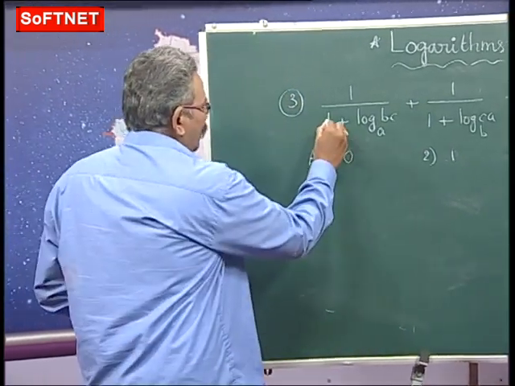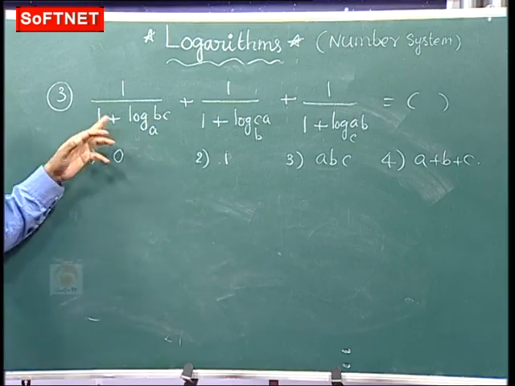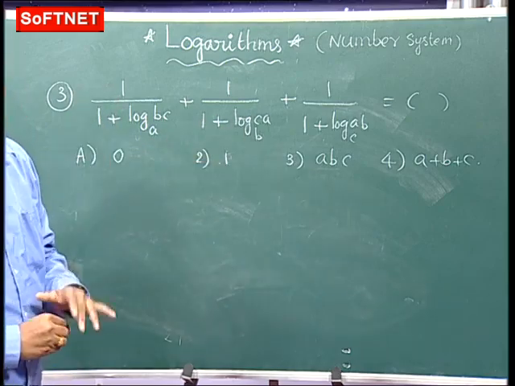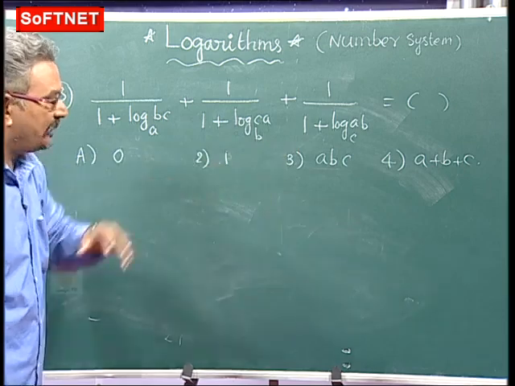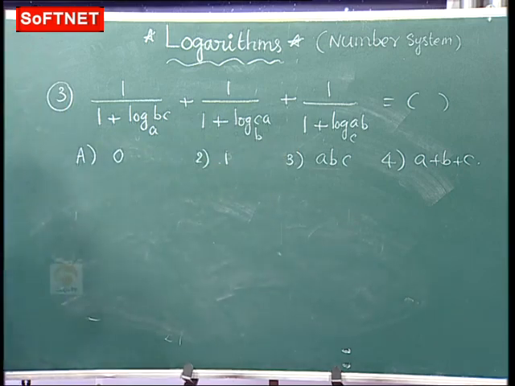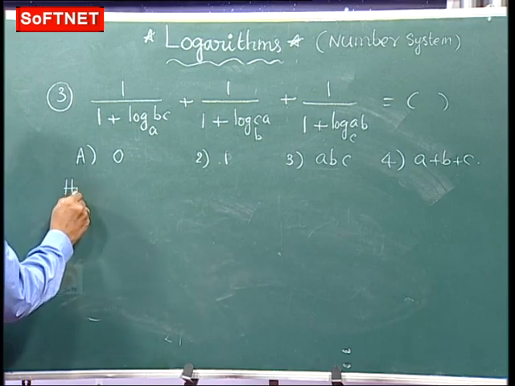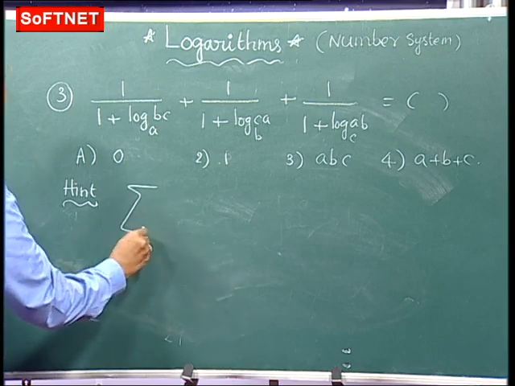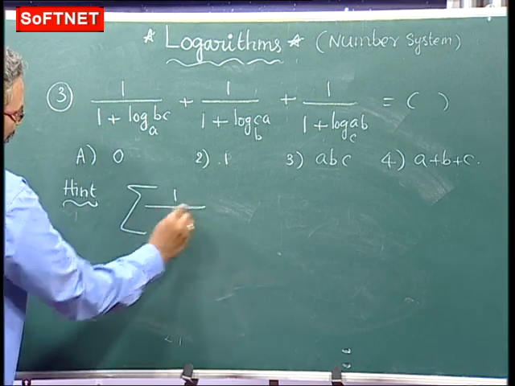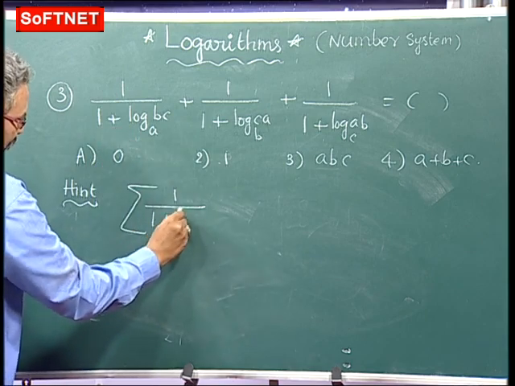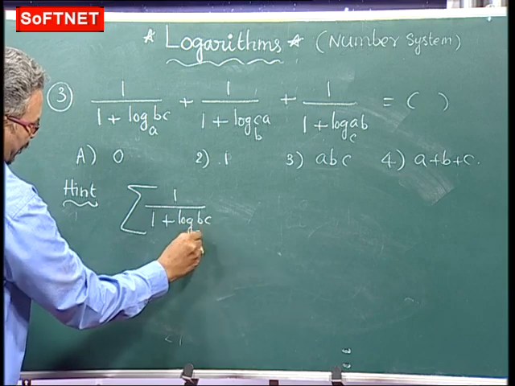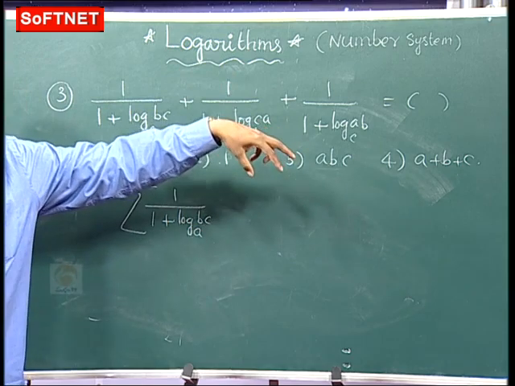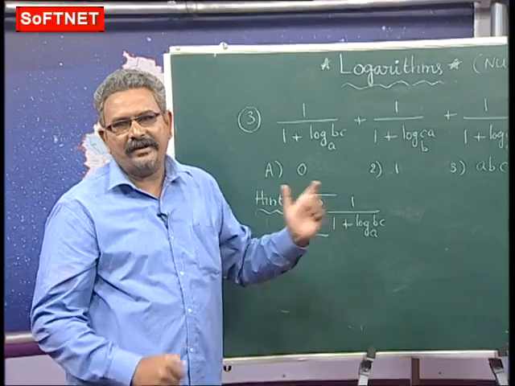Here 1 can be written as log base A, here 1 can be written as log base B, here 1 can be written as log base C. So, now this can be written shortly as sigma 1 by 1 plus log BC to the base A. For our convenience, I have written sigma because all the terms are in cyclic order, so I have written sigma notation here.